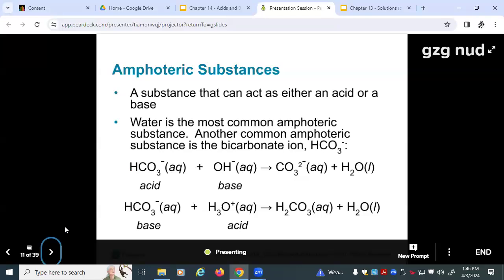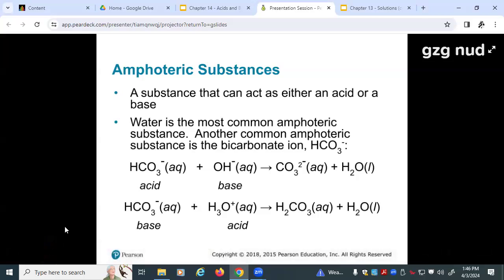Now, one common thread that wove its way through all of this was a concept we saw in water. In some cases, water was accepting protons. So as water turned into hydronium ion, it was acting as a base.